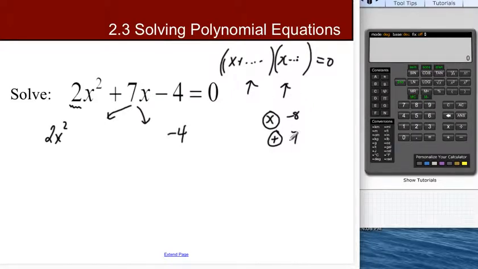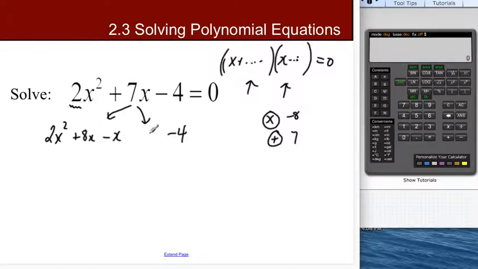If I can find those numbers, I replace the middle term, and then I'll factor by grouping. Numbers that multiply to -8 are like 4 and 2, 8 and 1. Now 8 and 1 might give me 7. I've got to multiply to -8 and get positive 7, so my two numbers are going to be positive 8 and -1.